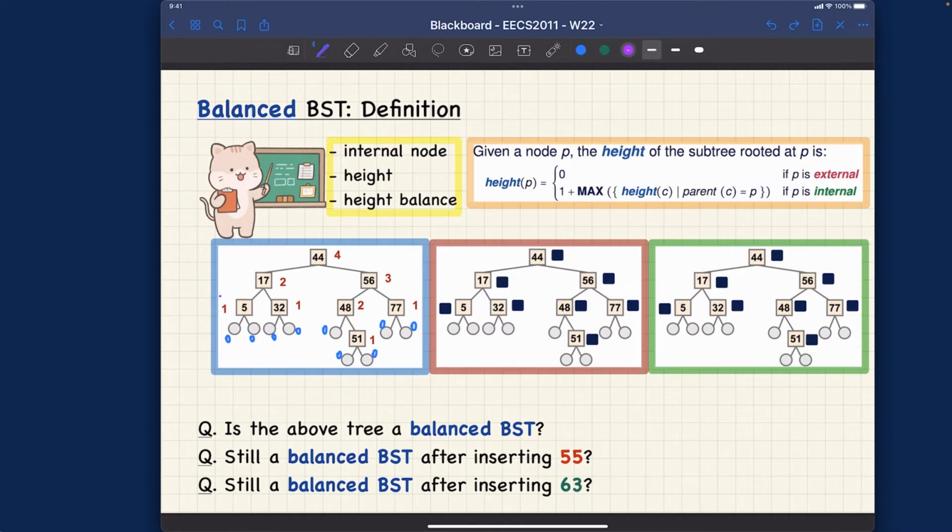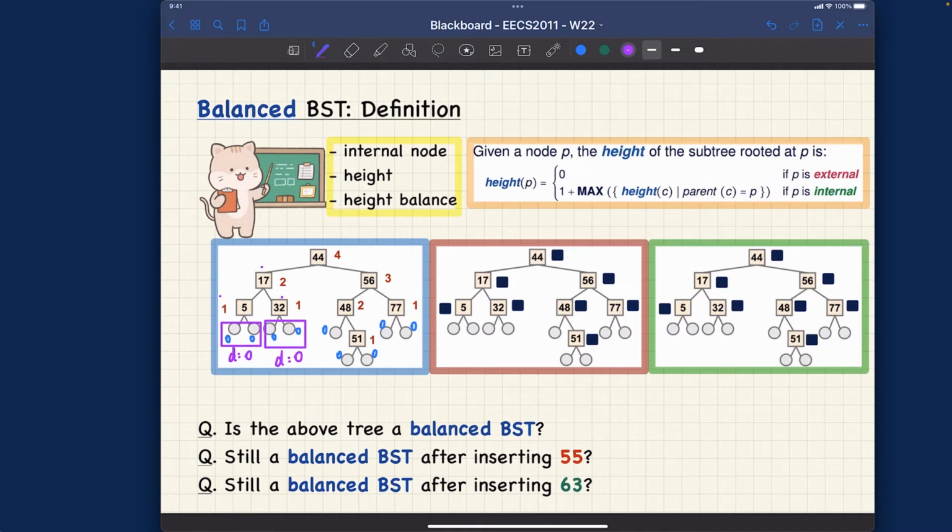For this one over here, the two child nodes over here, the difference is actually 0. And for this internal node over here, the two child nodes are over here. In that case, the difference is 0 and 0 is also 0. And let's now move on. What about for this internal node over here?